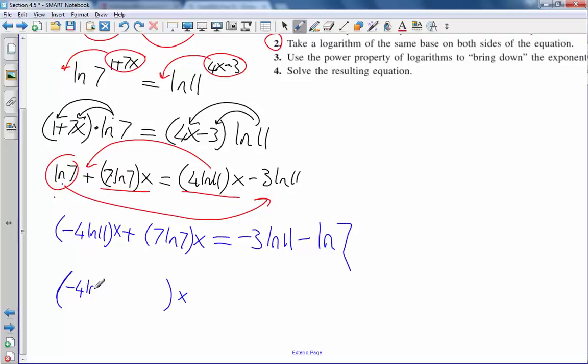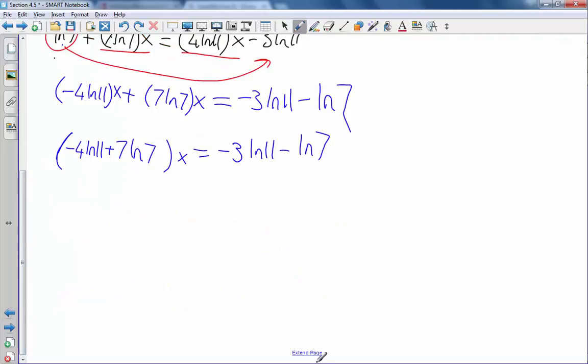Minus 4 ln 11 plus 7 ln 7, equals minus 3 ln 11 minus ln 7. Now how do I get x by itself? Can I add, simplify these things? No. They won't join each other. We do this. Divide both sides by this entire thing.